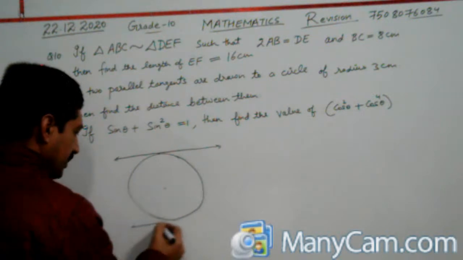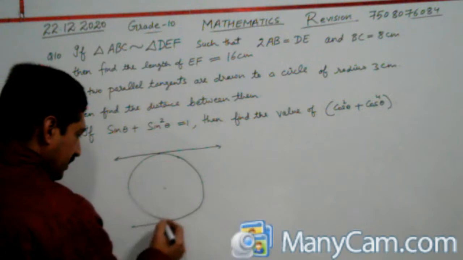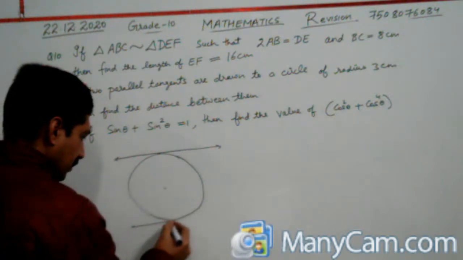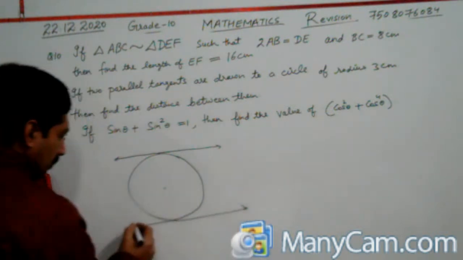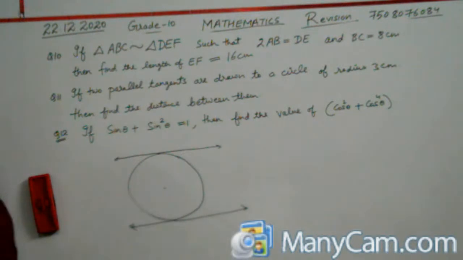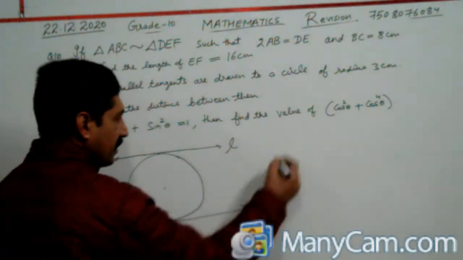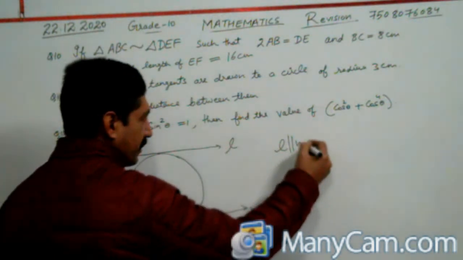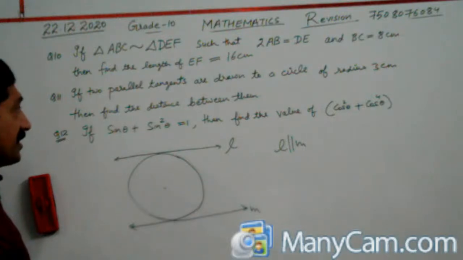These two tangents are parallel tangents. Like here, one is L, one is M. L is parallel to M. Find the distance between them.